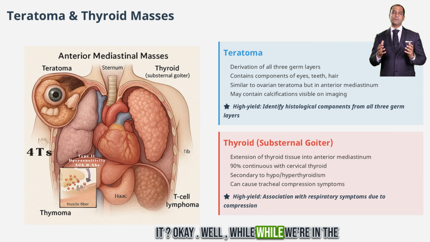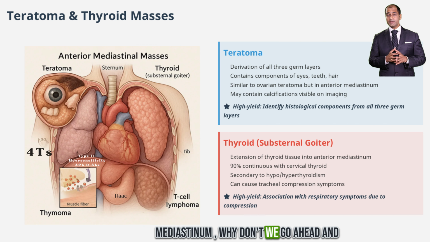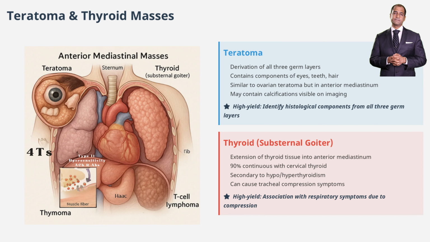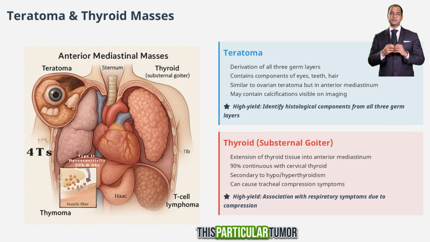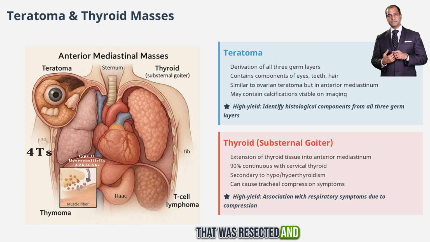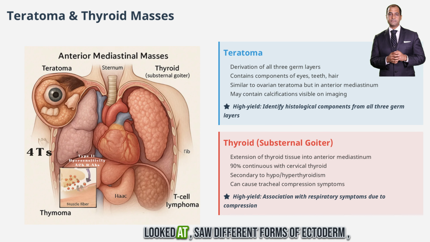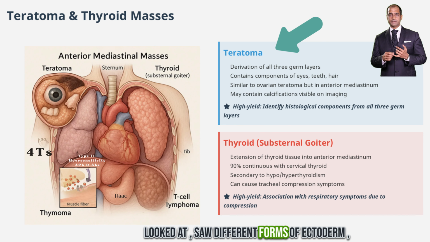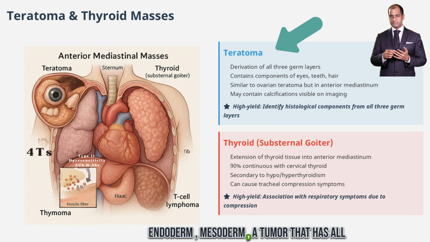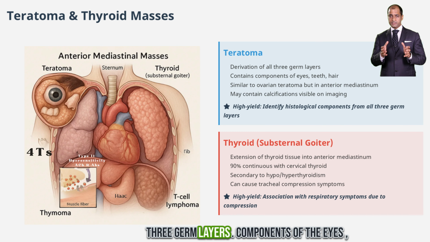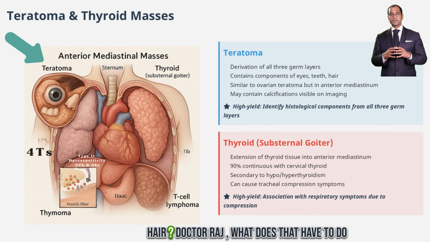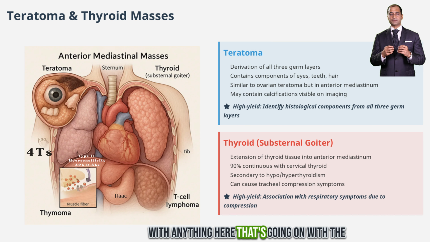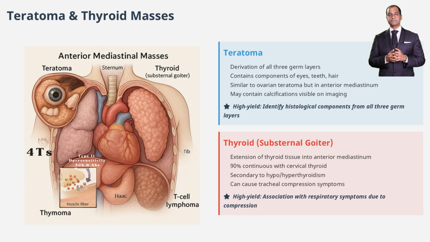Okay, well, while we're in the mediastinum, why don't we go ahead and divide it clinically? Let's say that you had a patient in which a tumor was resected and looked at, and you saw different forms of ectoderm, endoderm, mesoderm, a tumor that has all 3 germ layers. Components of the eyes, components of the teeth, components of the hair. Dr. Raj, what does that have to do with anything going on with the mediastinum?